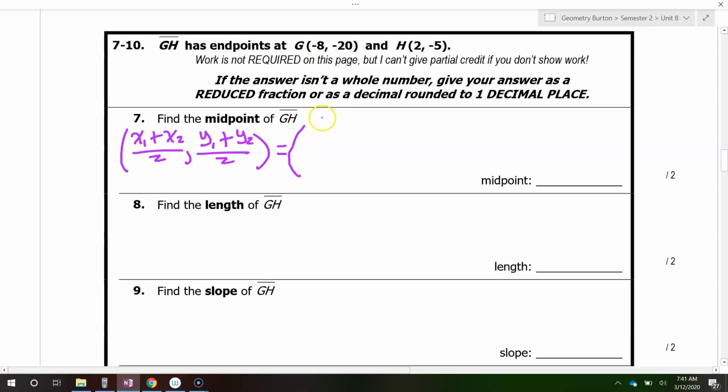So we're going to do negative 8 plus 2 divided by 2. And then we're going to do negative 20 plus negative 5 divided by 2. All right, so that's going to give us negative 6 divided by 2 and negative 25 divided by 2.